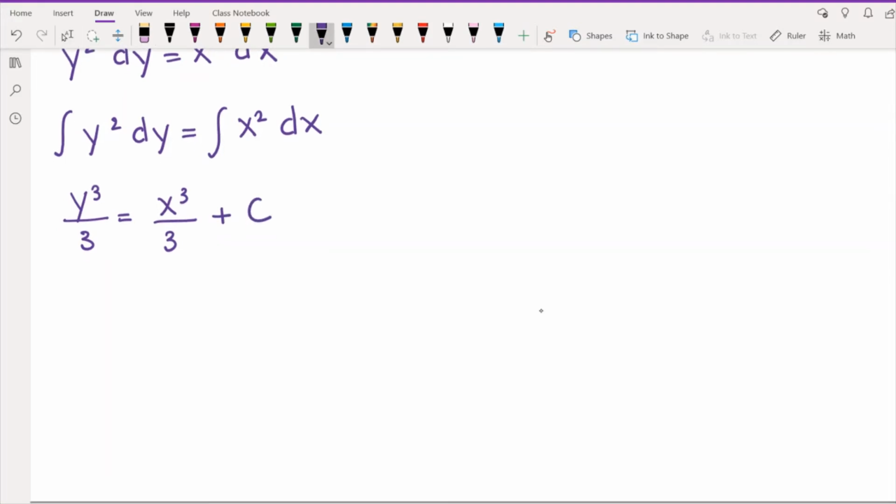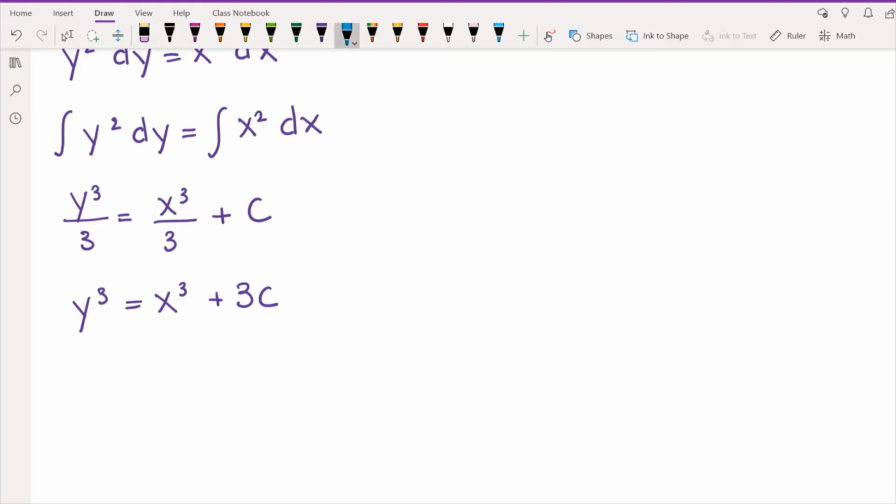Okay, so now we're trying to solve this for y, right? So we want to multiply both sides by 3. And so we get y cubed is equal to x cubed plus 3 times c. And again, this is going to come up a lot in this section, when you have 3 times c, c again represents any real number.